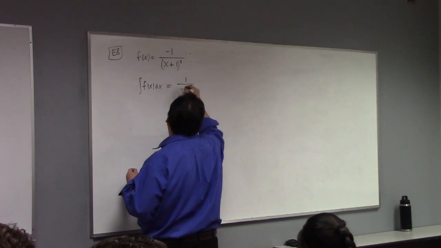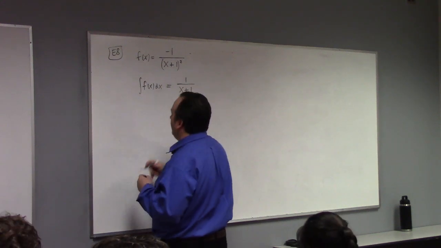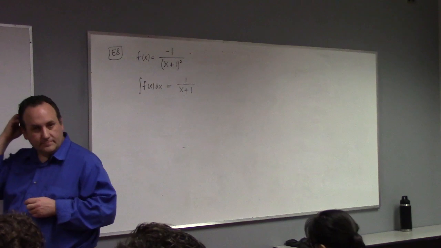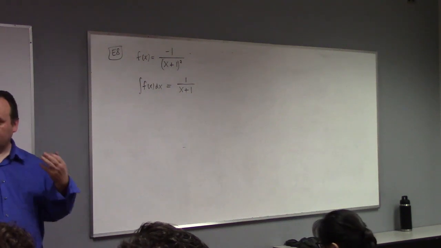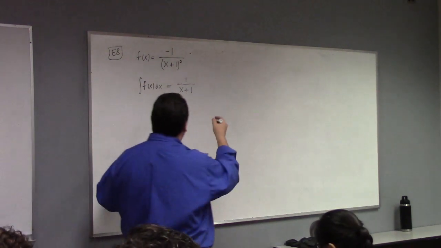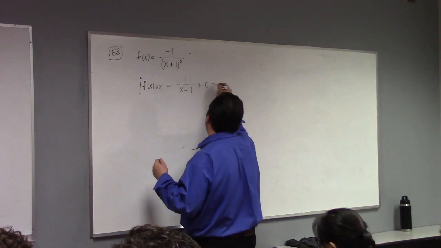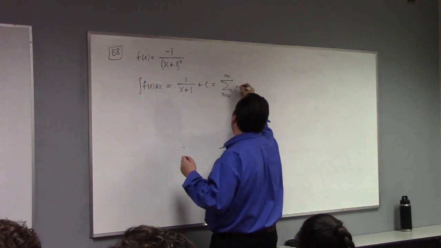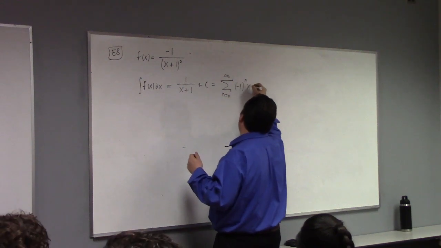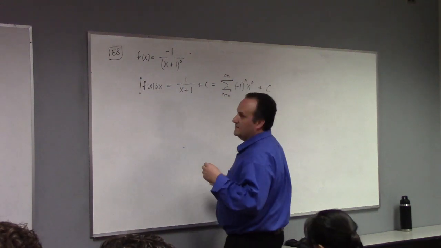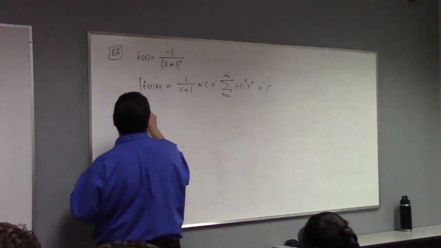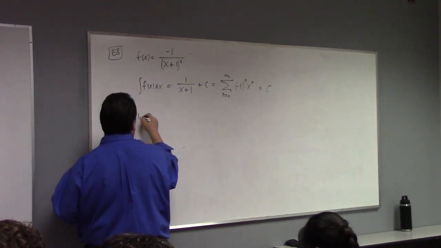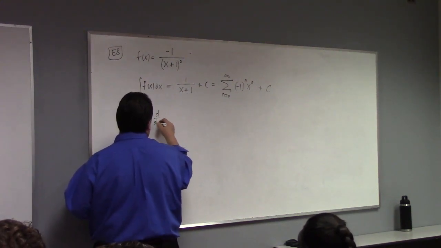I think it's 1 over x plus 1, right? Plus a constant, yeah? Which is the sum, n equals 0 to infinity of minus 1 to the n, times x to the n plus a constant. And then to find the power series for f, I differentiate my integral.